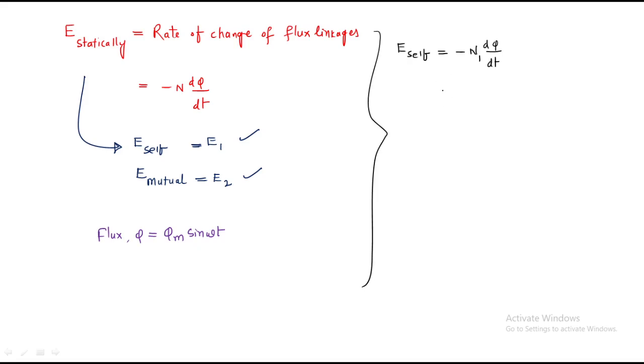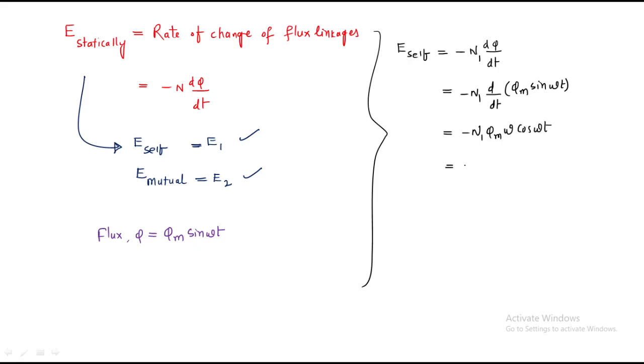We all know that from this minus N dφ by dt of phi is nothing but what? Phi m sin omega t. So from this, minus N1 phi m omega cos omega t.